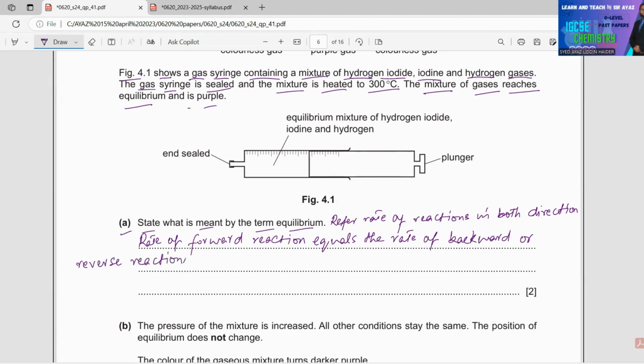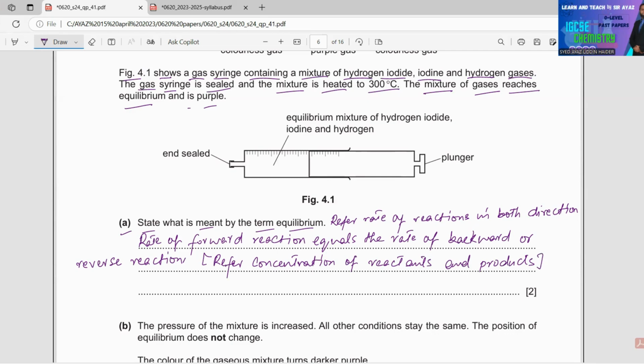But you can't get full marks for this. You will get only 1 mark for this. Then you have to refer to the second statement, which is related to the concentration of reactants and products.